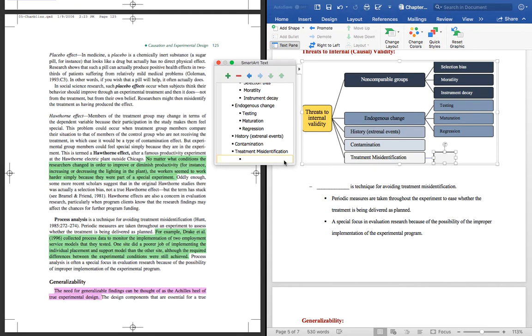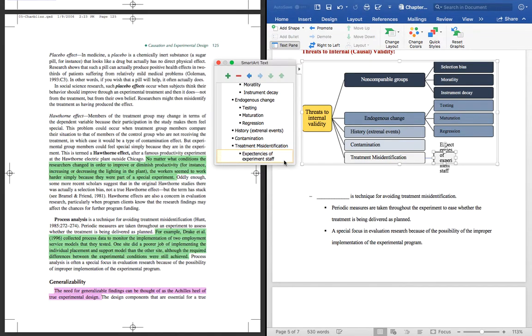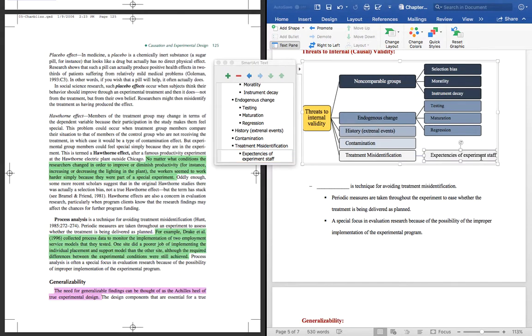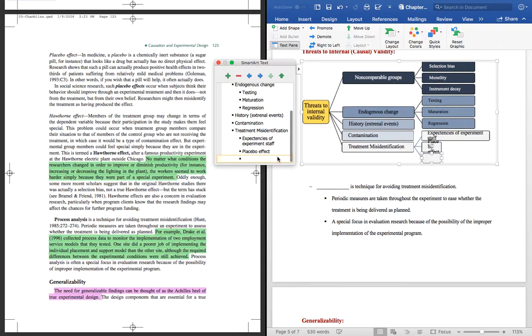We have expectancies of experiment staff. We have placebo effect, and we have Hawthorne effect.